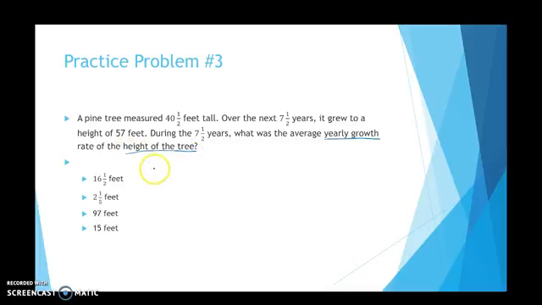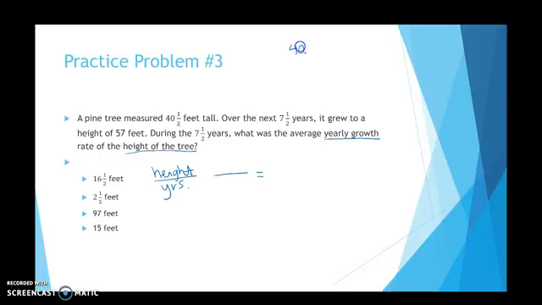So we're talking about height or growth and years. So it says, let's see, it grew to a height of 57 feet and it's 7.5 years. So do we know how much it grew? No, we don't. So we have to find out how much it grew.